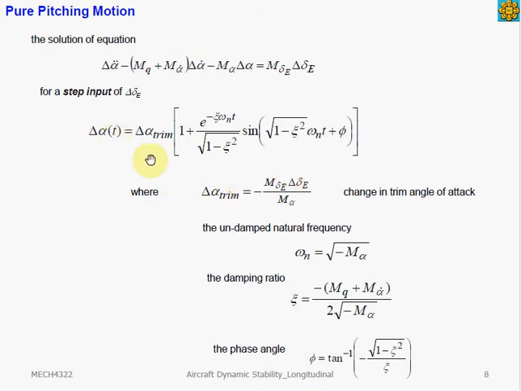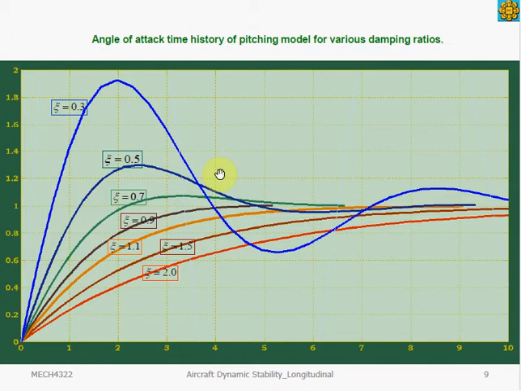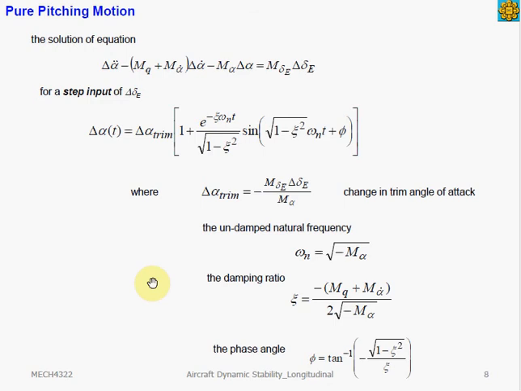If we plot this solution on a graph of angle of attack versus time, the graph will look like this. The shape of the response graph will depend on the value of the damping ratio, as well as the natural frequency and the phase angle. We can see from these equations that these values depend on the stability derivatives.